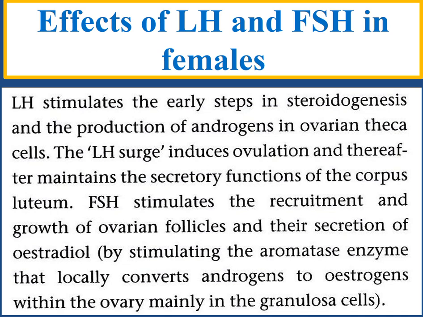The LH surge induces ovulation and thereafter maintains the secretory functions of the corpus luteum, and FSH stimulates the recruitment and growth of ovarian follicles and their secretion of estradiol by stimulating the aromatase enzyme that locally converts androgens to estrogens within the ovary, mainly in the granulosa cells.